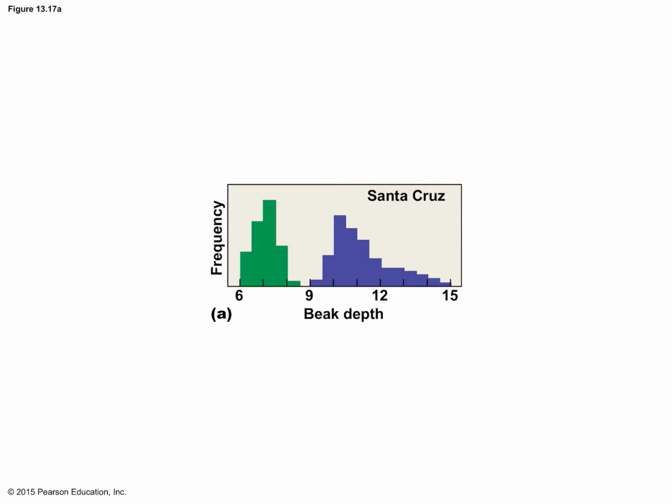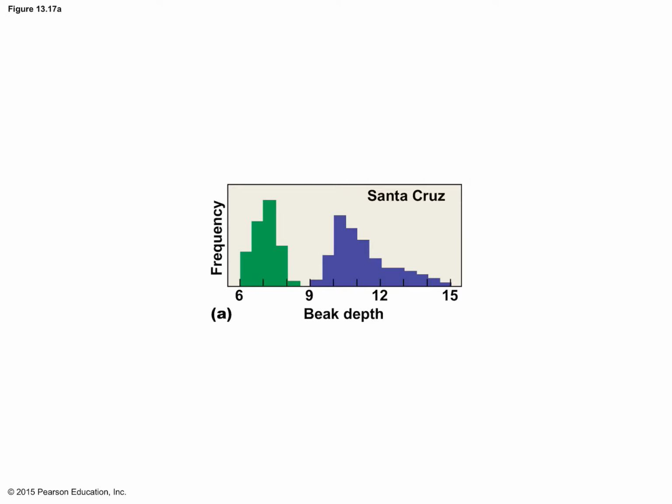Okay, but you see that there's no overlap between them, right? There's no overlap here at all, so this is suggesting that larger beak sizes are maybe adapted for one food source, smaller beak sizes adapted for another food source. But again, the important point is that both these species live on the same island.